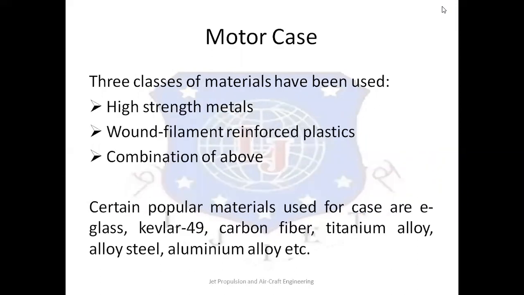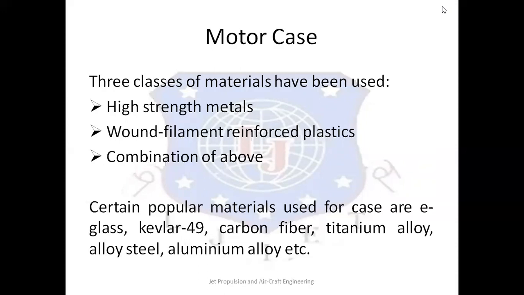Now, there are three different classes of materials that are used, such as high strength metal, such as steel, aluminum, or titanium alloy, then wound filament reinforced plastic, and the third type is a combination of these two.